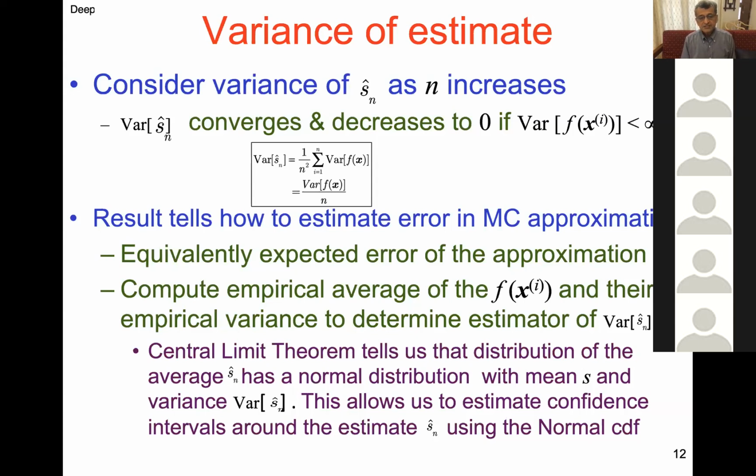So the result tells us how to estimate error in a Monte Carlo approximation, equivalently the expected error of the approximation, and compute the empirical average of the f(xi) and the empirical variance to determine the estimator.